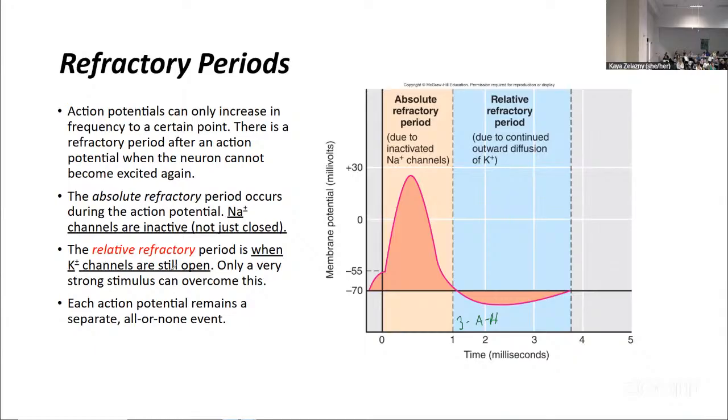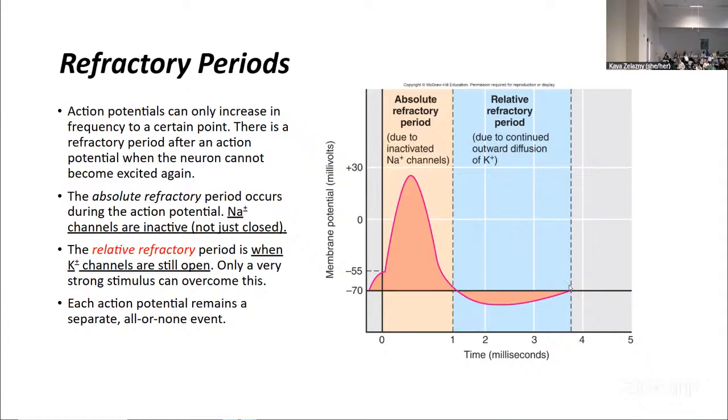But if you have a really, really strong stimulus, it might be big enough to make up for that extra leak of potassium, in which case you could manage to hit threshold during this period. And if you hit threshold, you fire off an action potential. It's less likely. You need a really strong stimulus, but you could do it.